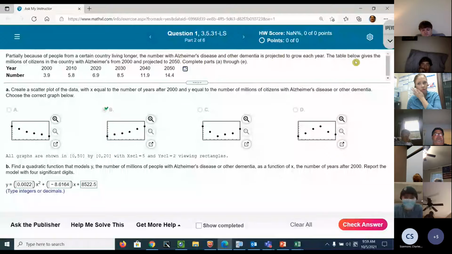The table below gives the millions of citizens with Alzheimer's from 2000 and projected 2050. Okay. Yeah, I believe they're going to make 2000 equal 0, and that's going to be 10, 20, 30, 40, 50 on the x-axis. I'm pretty sure, because this right here, 0 to 50, doesn't say 0 to 2050.